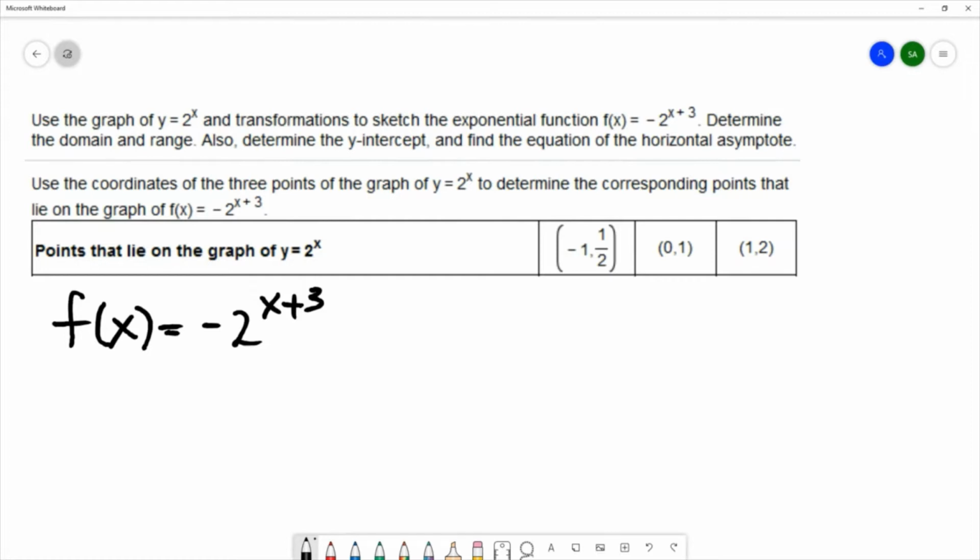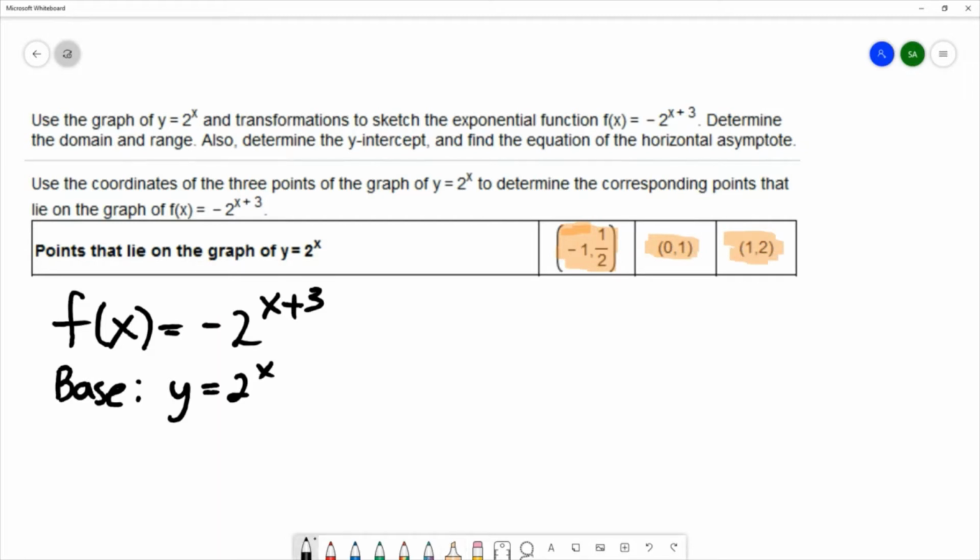So as I look at this function, I notice that the base graph will be y equals 2 to the x, and these ordered pairs listed here are ordered pairs that are on that graph of y equals 2 to the x.